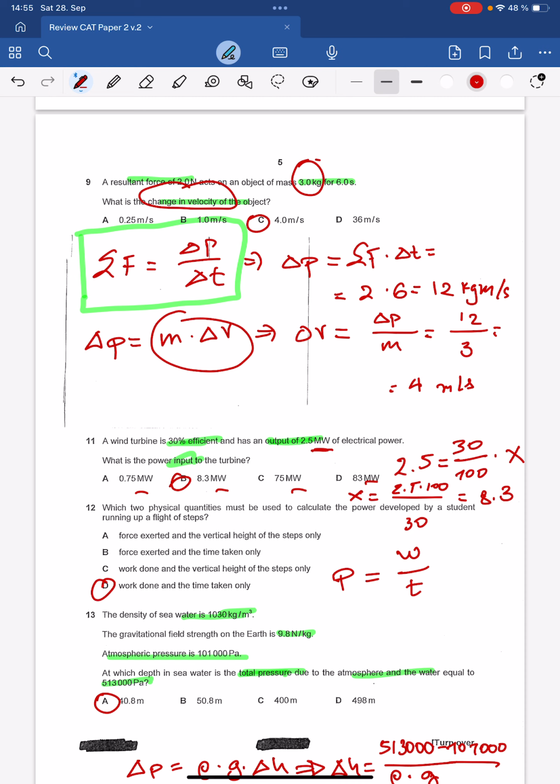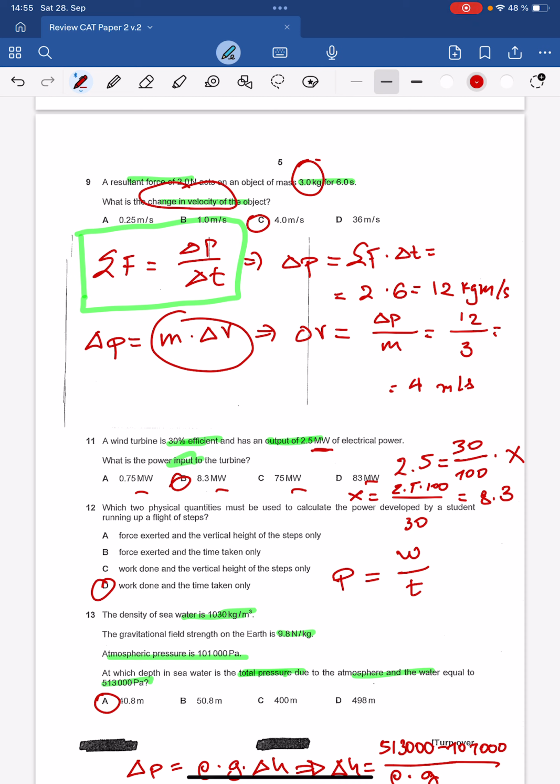So the output, when you have 30% efficiency, simply means that your output is going to be 30%, that's your efficiency, times X, your input, which we don't know. So I'm telling you that you are investing X amount of hours or money into something, and you have 30% efficiency, and your output is going to be another amount.